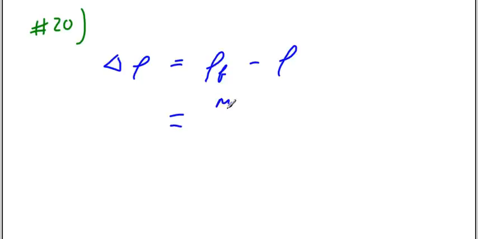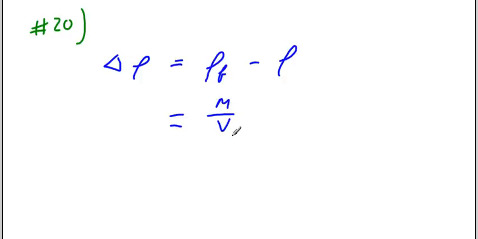And so the change in rho, the density, is going to be the final density, rho F, minus the density that I started with, which is going to be mass over volume.